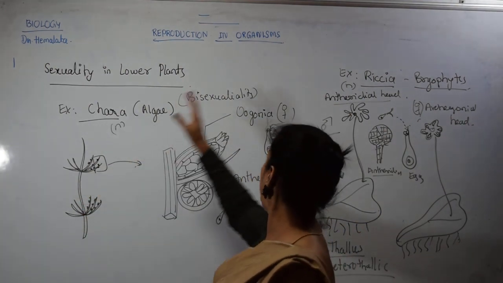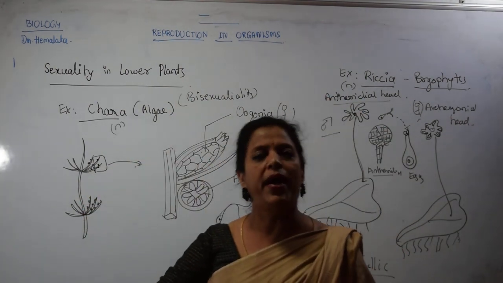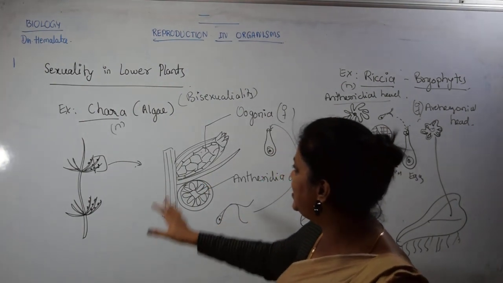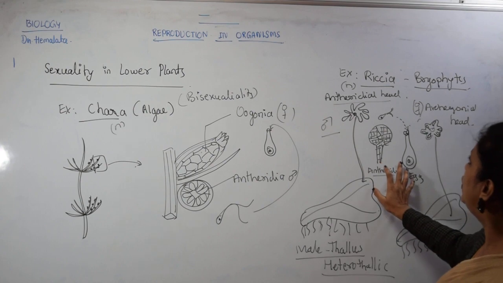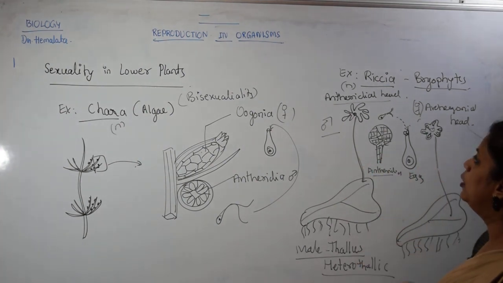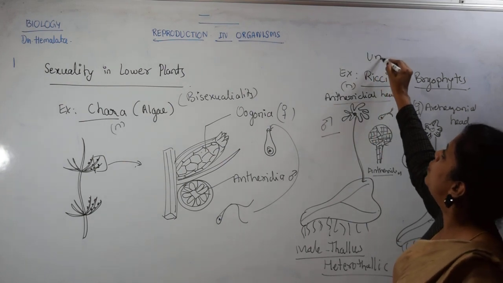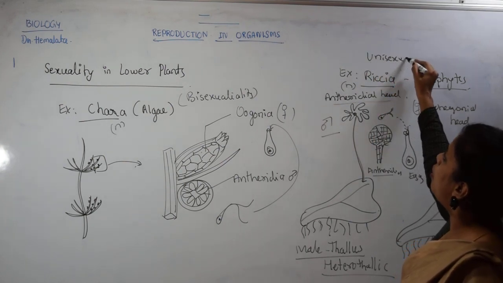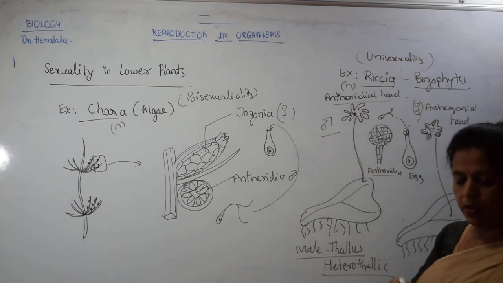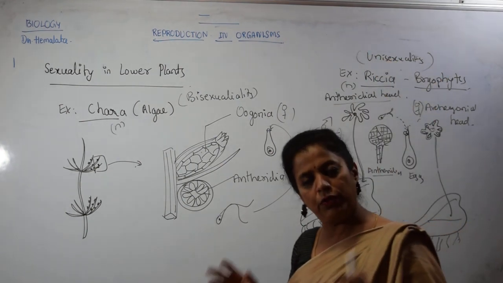But already in this diagram we can make out how exactly they undergo reproduction and what their sexuality is. You can see here bisexuality, and this is showing unisexuality. See, this is one plant, this is another plant. So Riccia is showing unisexuality. Not all bryophytes show it, but Riccia does. And Marchantia shows unisexuality.